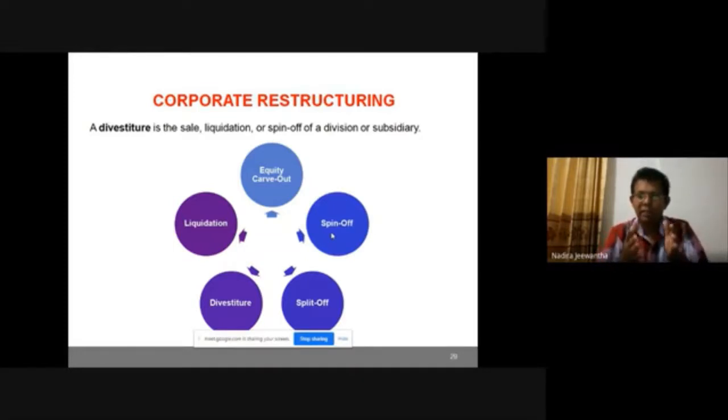Generally, when an investor invests in a company, they calculate all these fundamental and technical ratios. Then you decide whether it's worthwhile to go for this investment. Technically, you should do that.